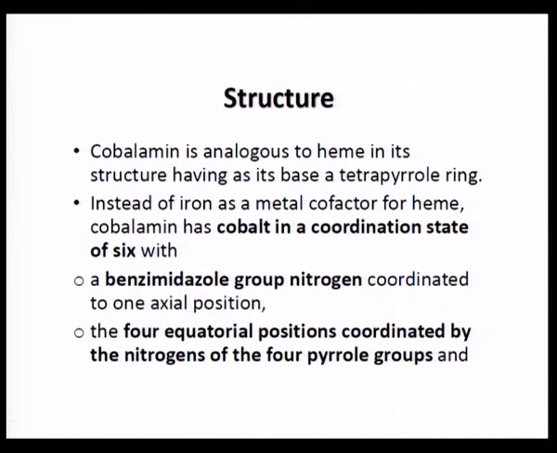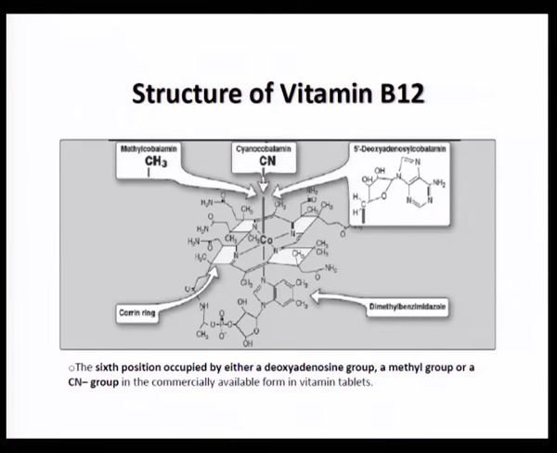It's a coordinate complex. Instead of iron as the metal cofactor as in heme, here cobalt is in the coordination state of 6. If you recollect the basics of chemistry, a coordinate complex is one type of compound which results from a different kind of bond. You have covalent bonds and ionic bonds, but a coordinate bond is a little different.